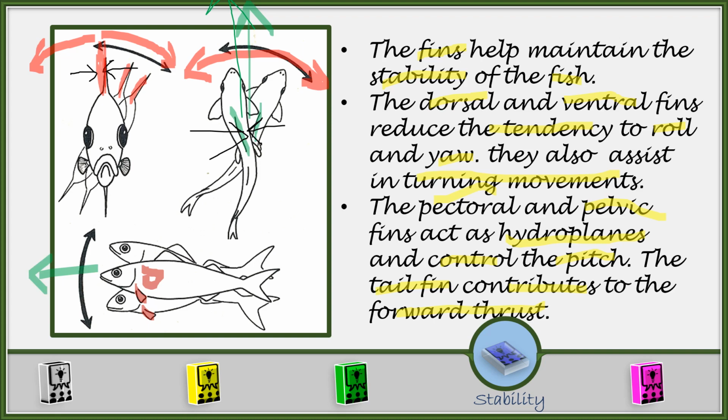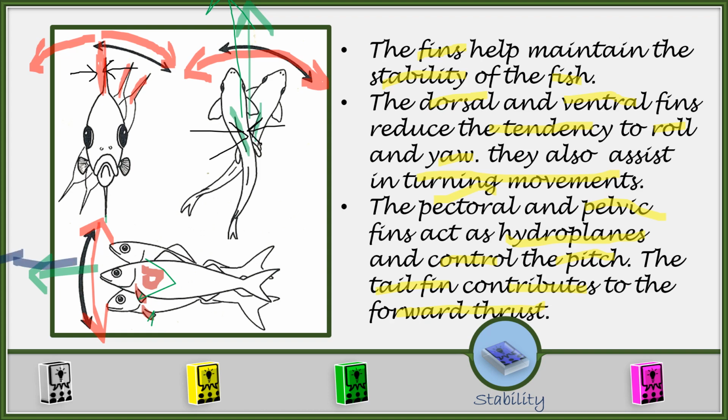And we have also the pelvic fin plus the pectoral fin. They are going to prevent the fish from pitching. Pitching is moving up and down. That is pitching, the head moving up and down. So what is going to prevent the pitching is the pectoral and the pelvic fin. Those are going to allow the fish to move in one direction.